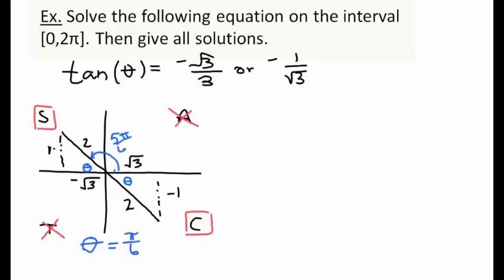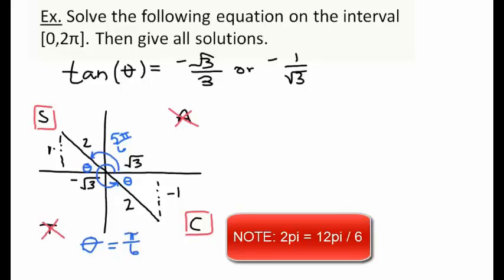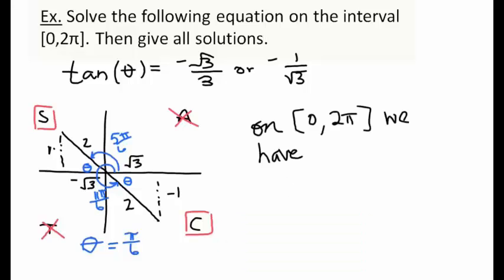And then our second angle begins at 0 and goes all the way around over here. This is going to be 12 pi by 6 minus pi by 6, or 11 pi by 6. So on the interval from 0 to 2 pi, we have that theta is either going to be 5 pi by 6, or theta is going to be 11 pi by 6.